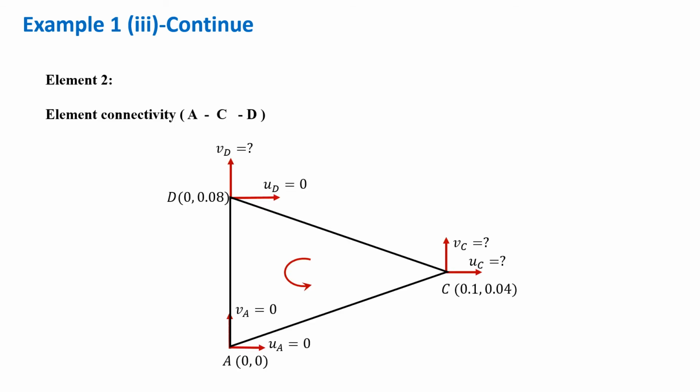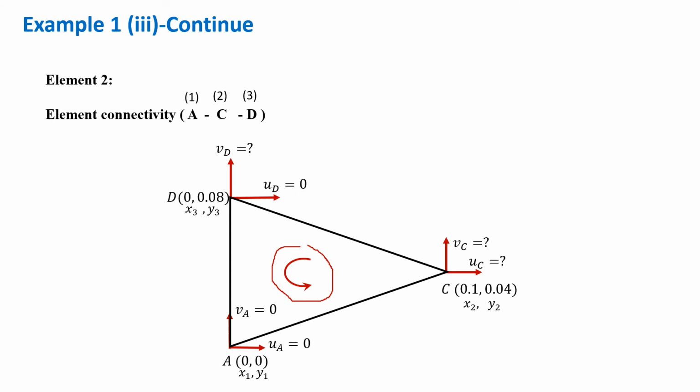Now, let's move to element 2. Similarly, we have to determine the element connectivity in the first place. For this element, I created it by connecting the nodes A, C, and D, which still follows the counterclockwise rule. Therefore, node A is numbered 1, node C is 2, and node D is 3.